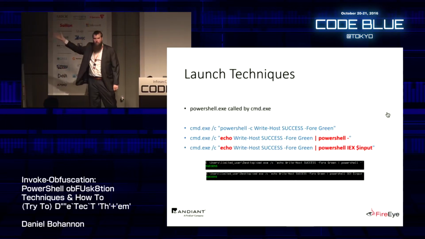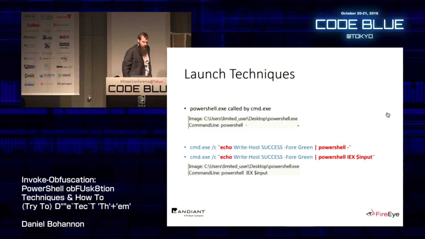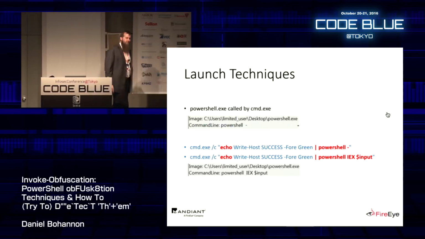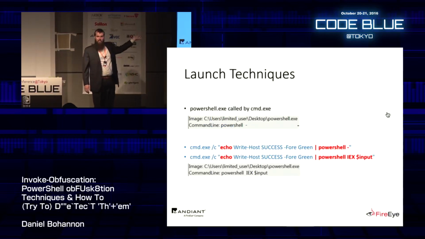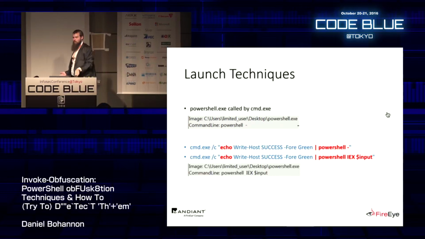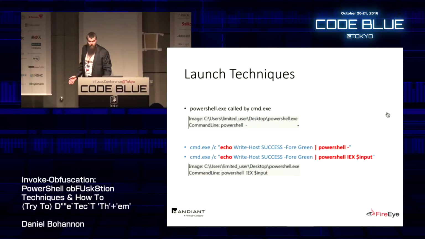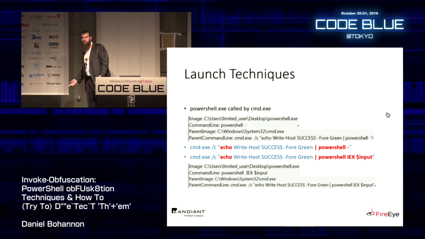You just have to add an invoke operation before it. So both of these are invoking from standard input, and on the command line, that's what it looks like. PowerShell.exe runs, and its argument contains dash, or IEX $input. And the actual command, the evil that we're looking for, is in the parent process.